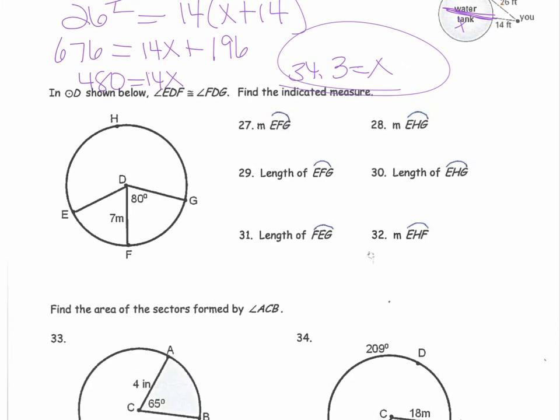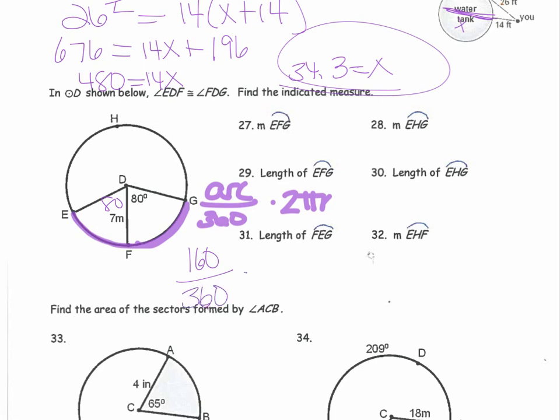29, length of EFG. Length, arc over 360 times 2 pi r. My arc is 160 over 360 times 2 pi r. My radius is 7, so 14 pi.